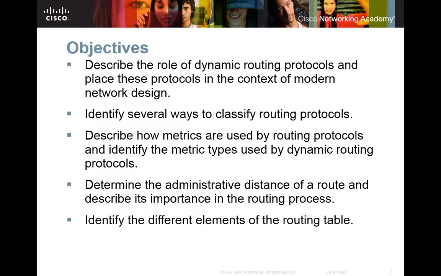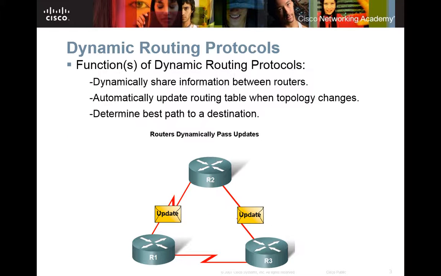All right. Now let's talk a little bit about dynamic routing. What is the functionality of dynamic routing? It's to dynamically share information between routers. Pretty simple. To find the best way to get from one location to another, and to update that information. A perfect example of this I like to use is telemarketers.